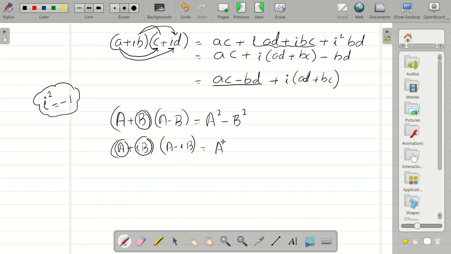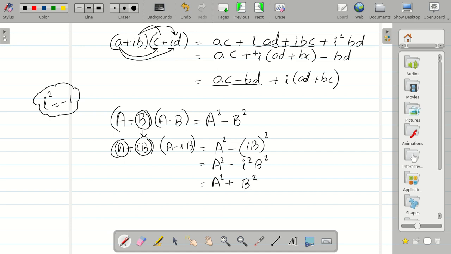So I'm going to get a square minus ib the whole square. I'll repeat, I'm going to apply the same identity here, but b has been replaced with ib. So in the next step, I'll get a square minus i square b square, and what is i square? Minus 1. So we have that to be a square plus b square.